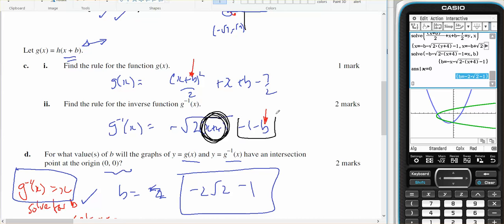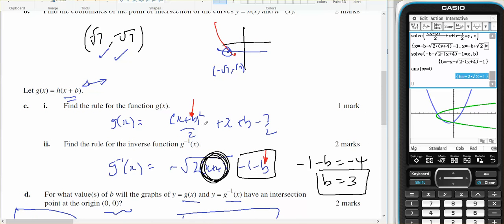Therefore this will always have to be negative 4. So if -1 minus b equals -4, b's got to equal 3. If I look at the same thing here, it's too hard because there's an x involved as well. But this b has to equal all of these.